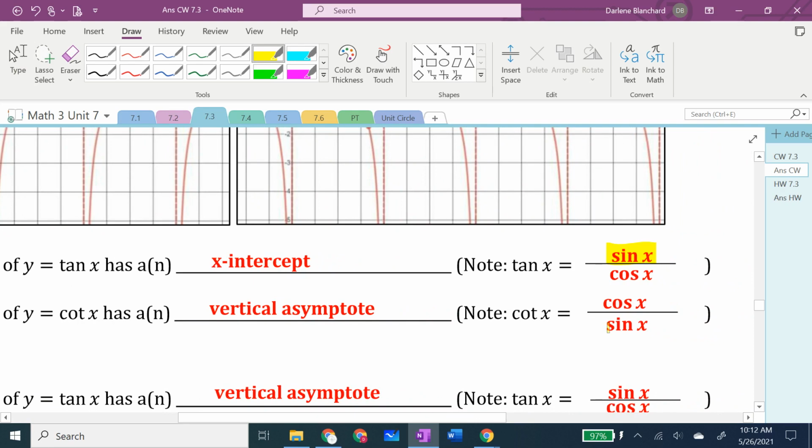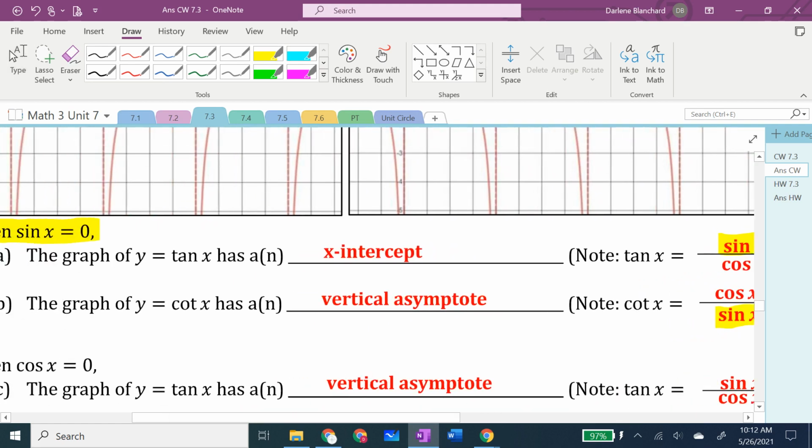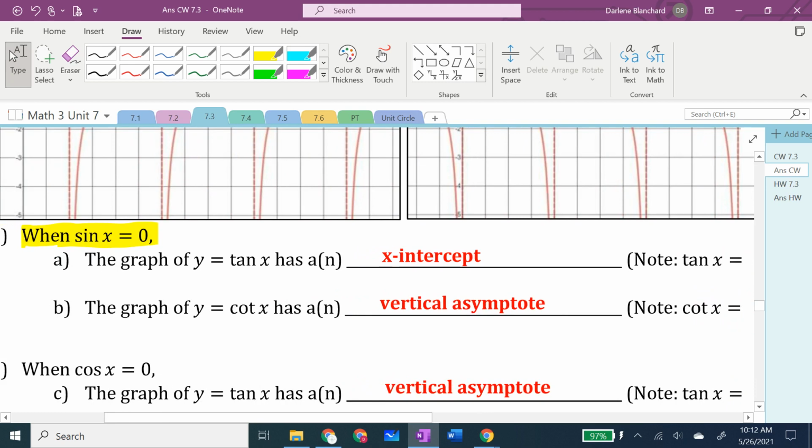Cotangent is cosine x over sine x. So the angles where sine of x is equal to 0 give you x-intercepts with a tangent graph and vertical asymptotes with a cotangent graph. And the angles when sine is equal to 0 are 0, plus or minus pi, plus or minus 2 pi, plus or minus 3 pi.